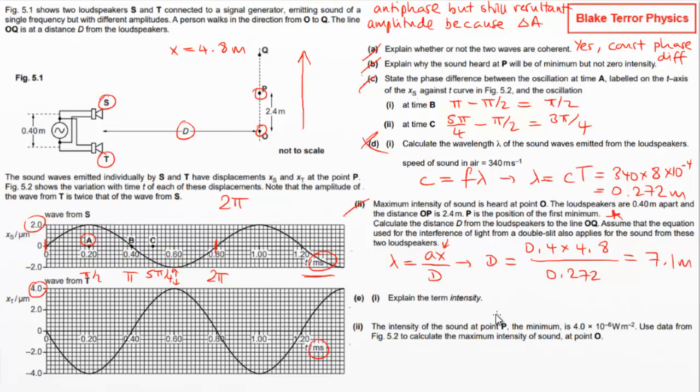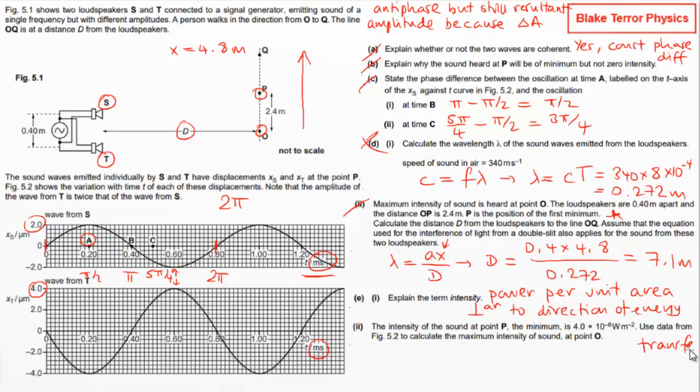E, explain the term intensity. Again, it's always the kicker you have to put in at the end of these sort of things, because a lot of people just say, oh yeah, it's power per unit area. Well, okay, it is power per unit area, but don't leave out the perpendicular to direction of energy transfer, because that's really what we want, energy transfer.